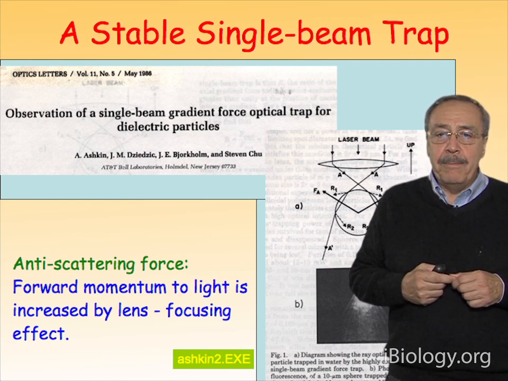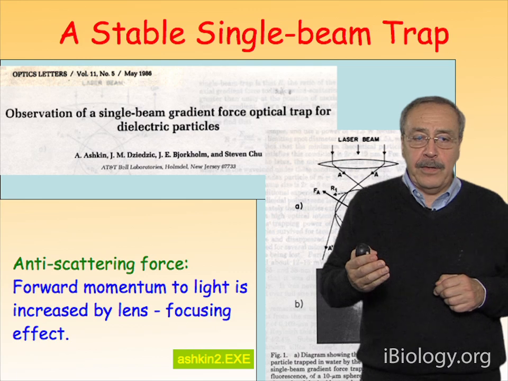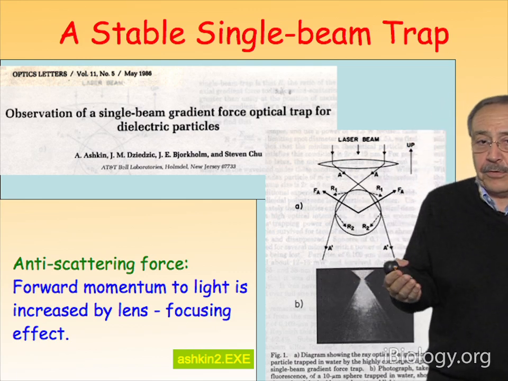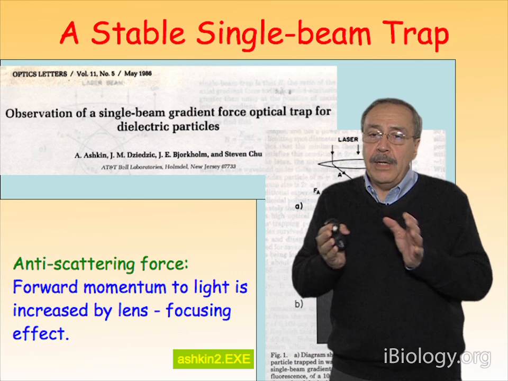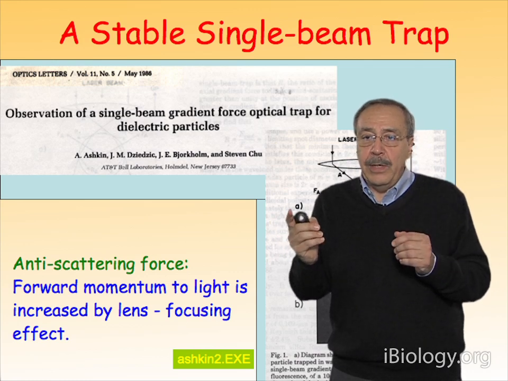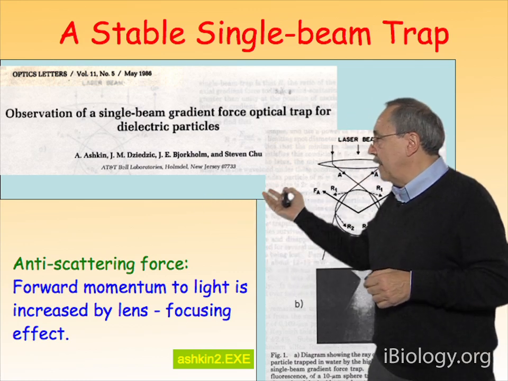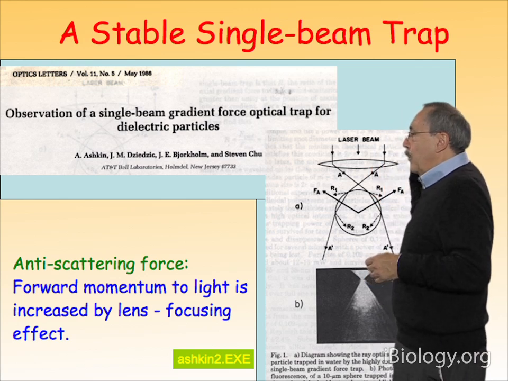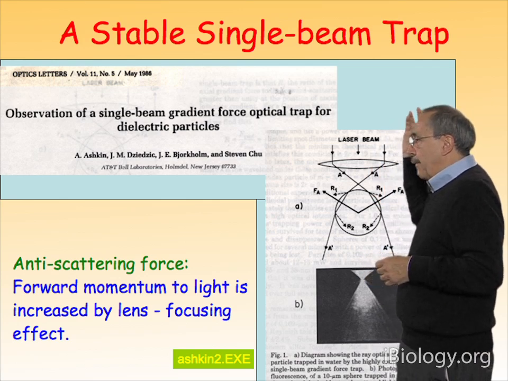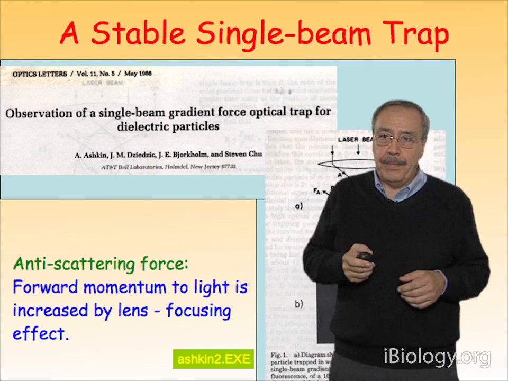In this important paper, they show that it is possible to correct for the scattering force or the reflection force by using a high numerical aperture that will essentially produce a force, as indicated here, that will actually pull the bead towards the focus of the beam.